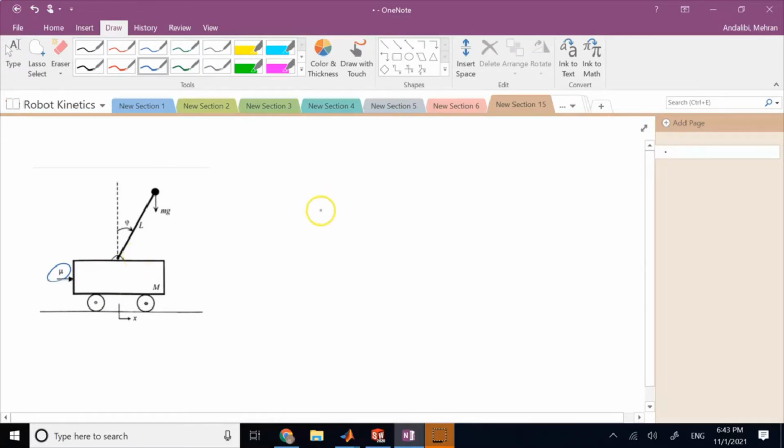So first we need to find the kinetic energy. Both of them in this case are point masses, and so the only velocities that exist are the translational terms.